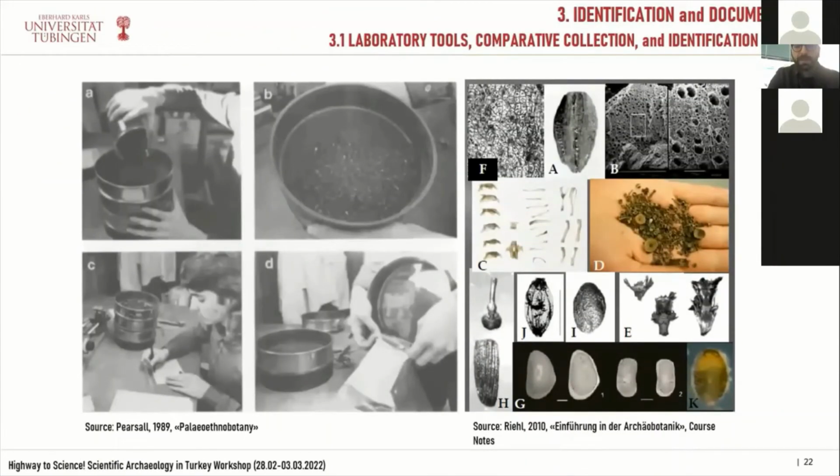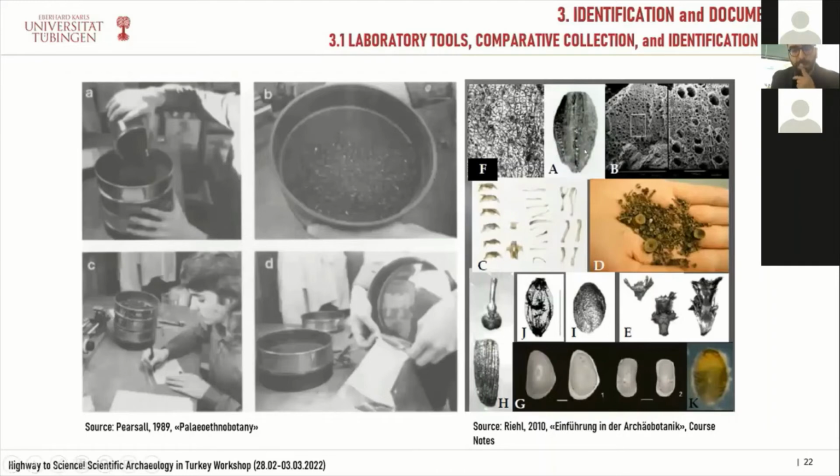Here you can see that the specialist is dividing the samples into different fractions with different sizes of sieves. This is important because different types of plants are sorted differently according to their sizes. So, for example, in the larger mesh size, you can usually collect crop plants like this one.